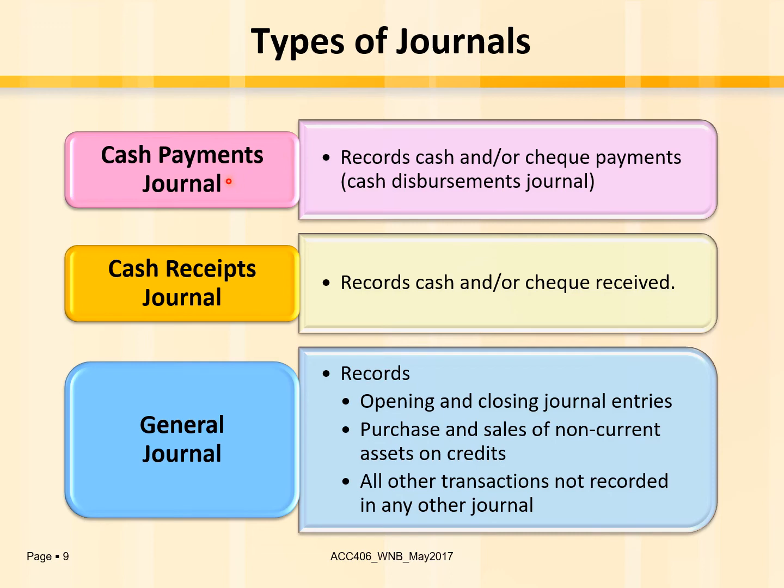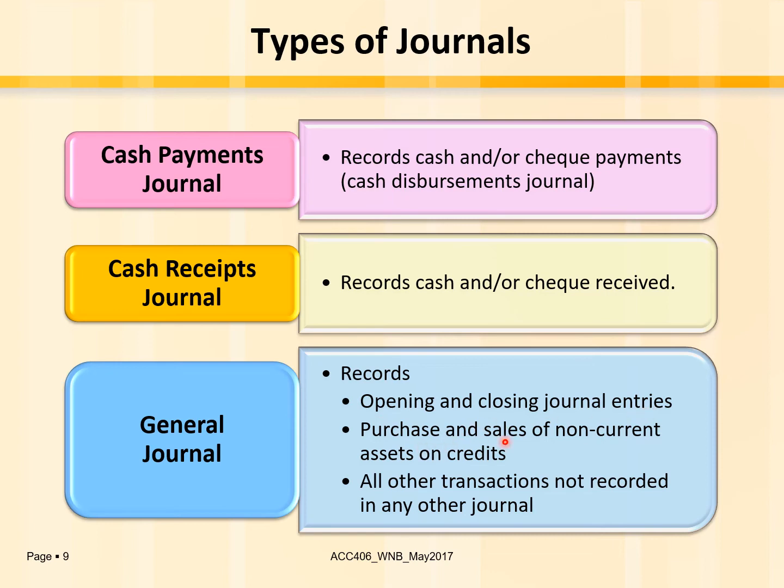Lagi types of journal adalah the cash payment journal which akan record cash ataupun check. Okay, in term of disbursement. So, apa yang you bayar secara tunai ataupun check. Cash receipt adalah untuk record cash ataupun check yang diterima, yang ini bayar, yang ini terima. General journal akan record the opening and closing journal entries.